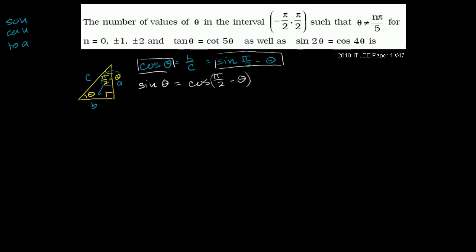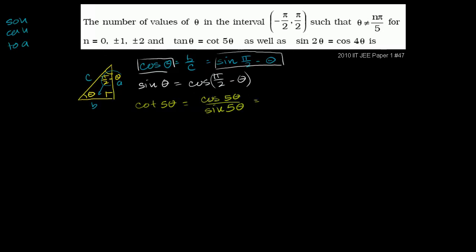And we can even use it when we solve this one. Because if I were to write down the cotangent of 5 theta, let me write this down, the cotangent of 5 theta is the exact same thing as the cosine of 5 theta over the sine of 5 theta. It's just 1 over the tangent.